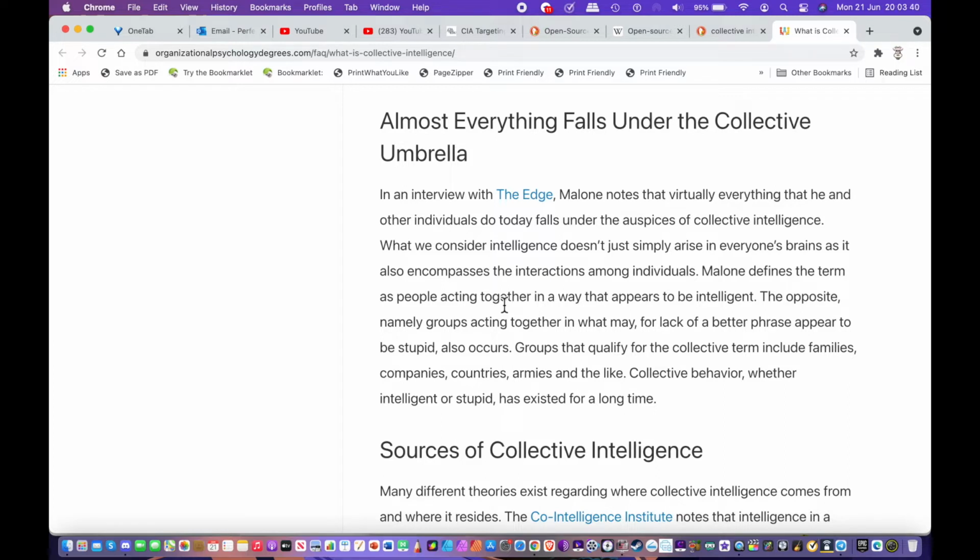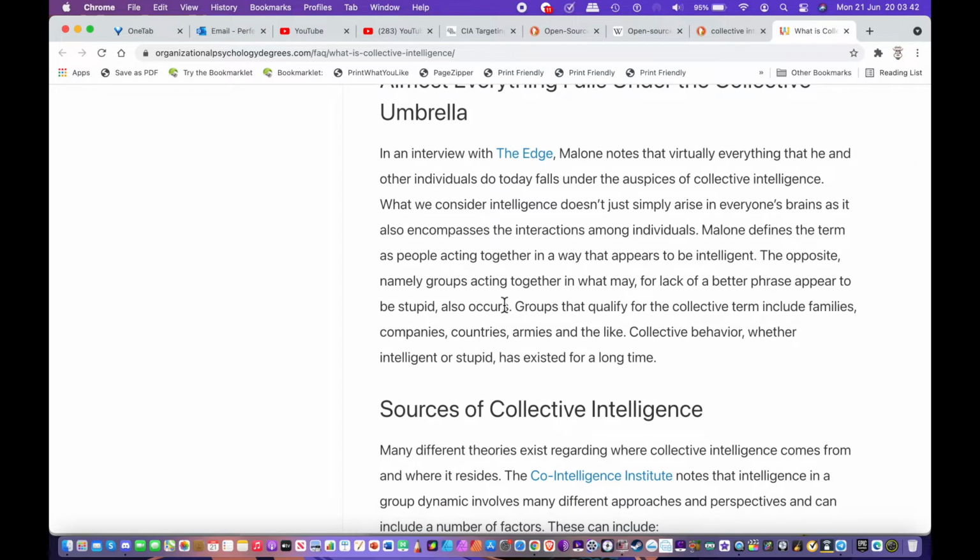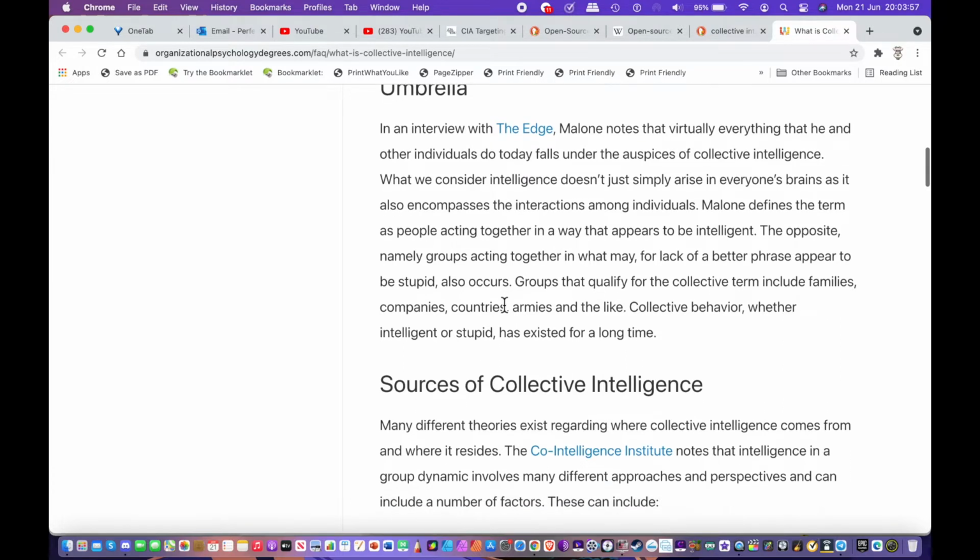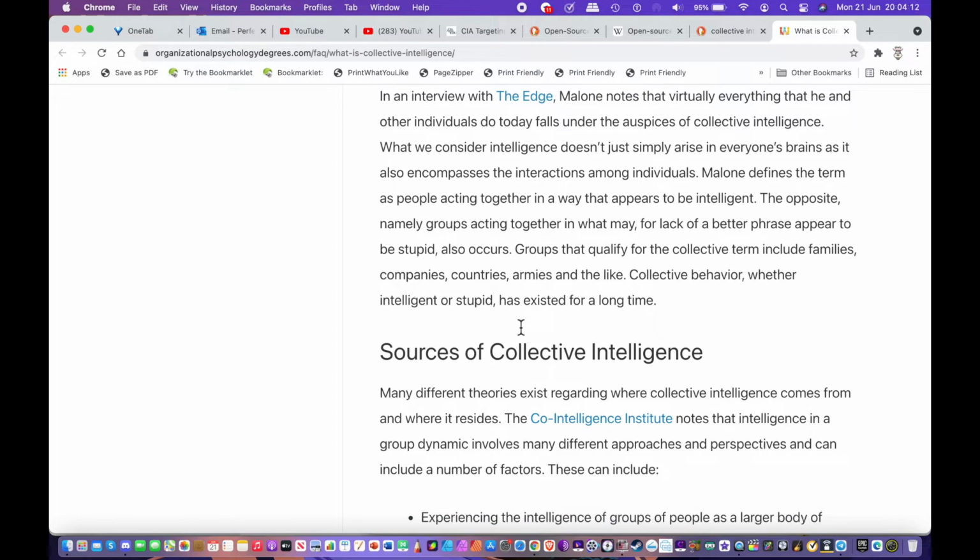Malone defines the term as people acting together in a way that appears to be intelligent. The opposite, namely groups acting together in what may, for a lack of better phrase, appear to be stupid, also occurs. Groups that qualify the collective term include families, companies, countries, armies, and the like. Collective behavior, whether intelligent or stupid, has existed for a long time.